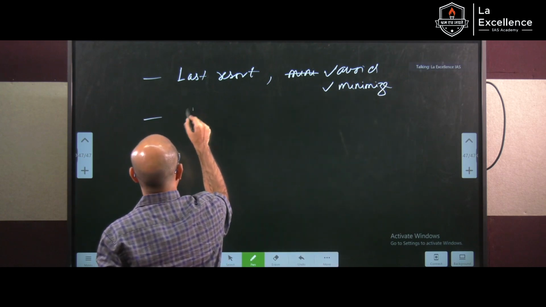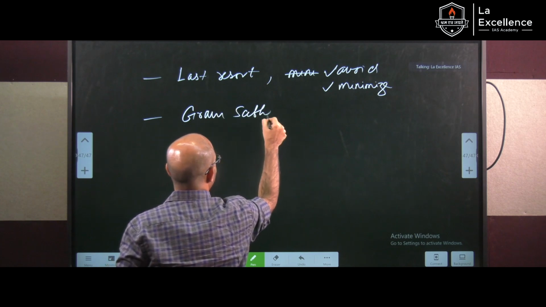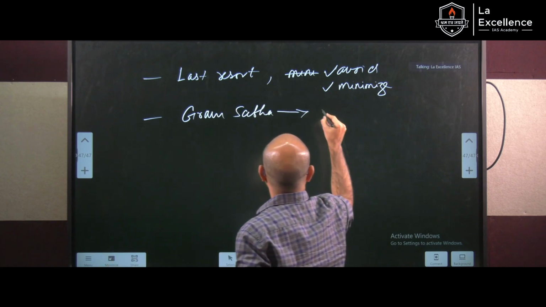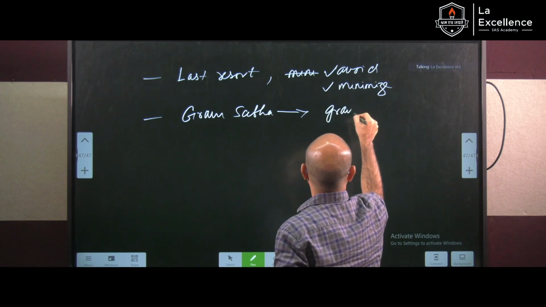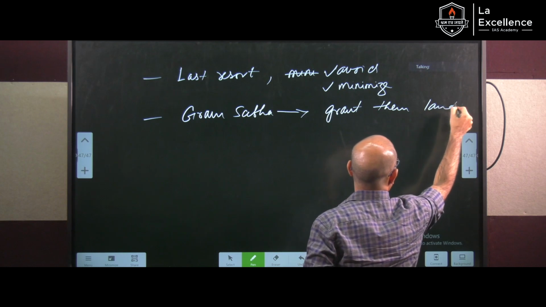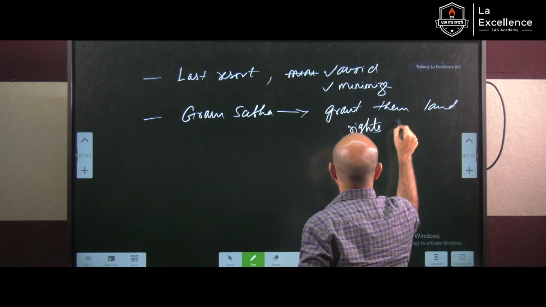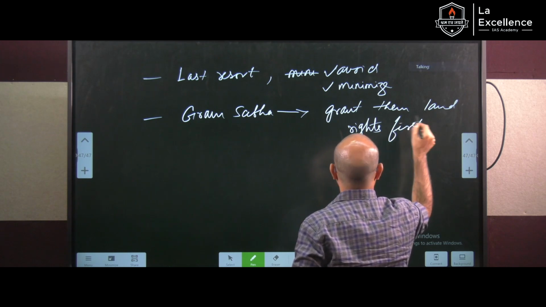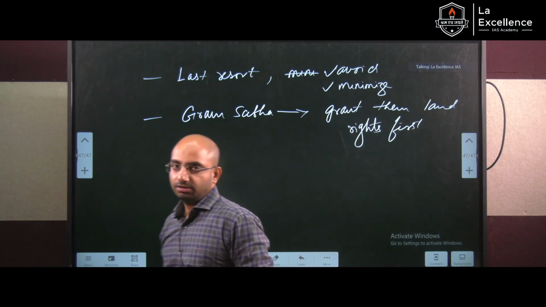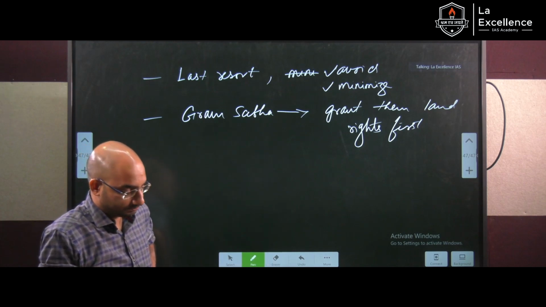Then before acquiring land, hold a Gram Sabha meeting and grant them land rights first under FRA, and then you take land. Don't take land without giving them their rights.